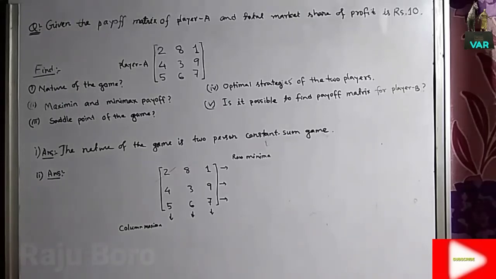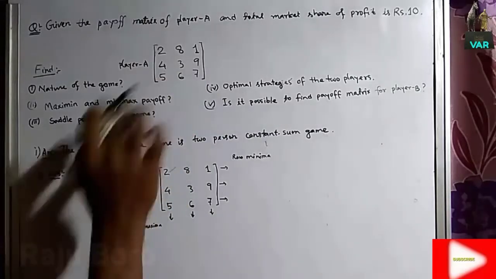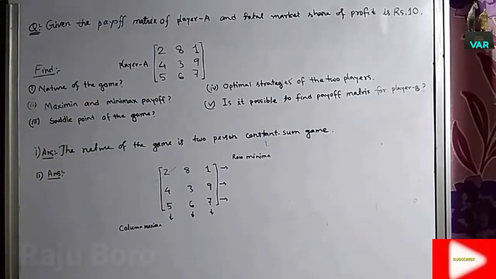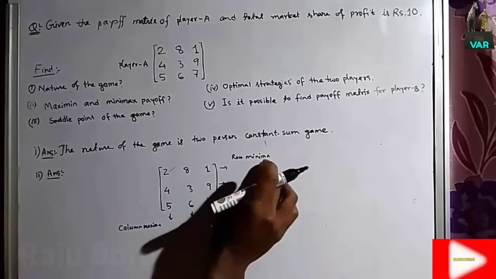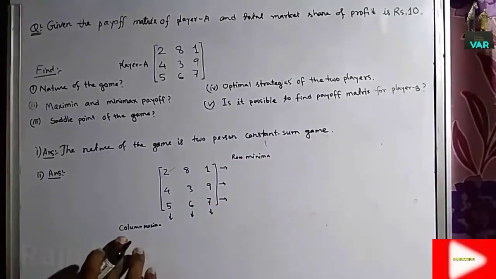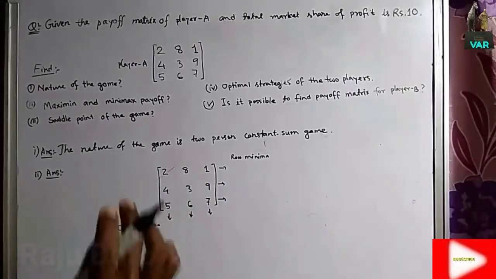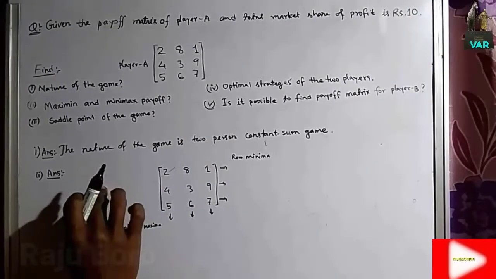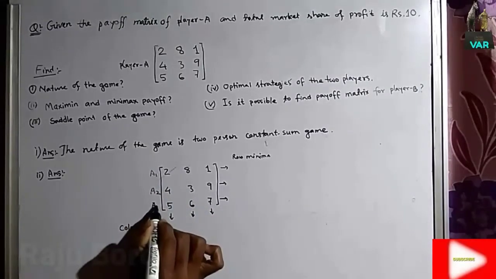First we have to write the given payoff for player A, and now we have to write the row minima on the right side and the column maxima at the bottom. Now you have to choose the minimum payoff in each row: A1, A2, A3.